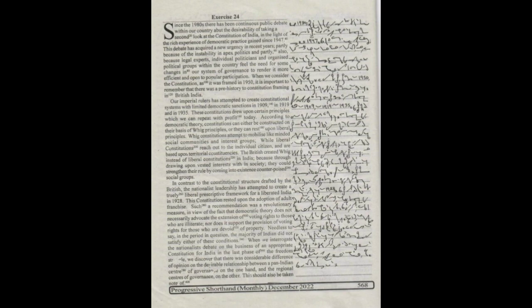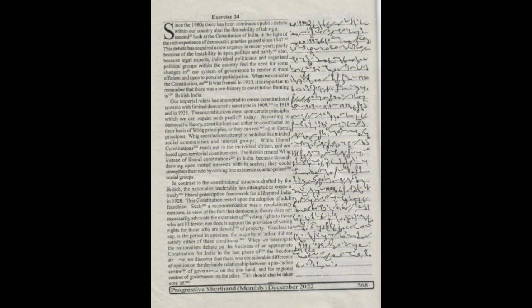In contrast to the constitutional structure drafted by the British, the nationalist leadership attempted to create a truly liberal framework for a liberated India in 1928. This constitution rested upon the adoption of adult franchise.